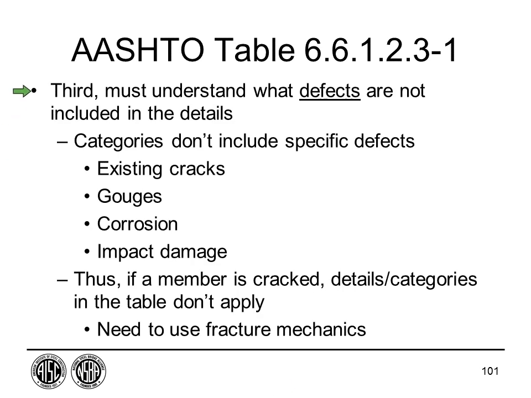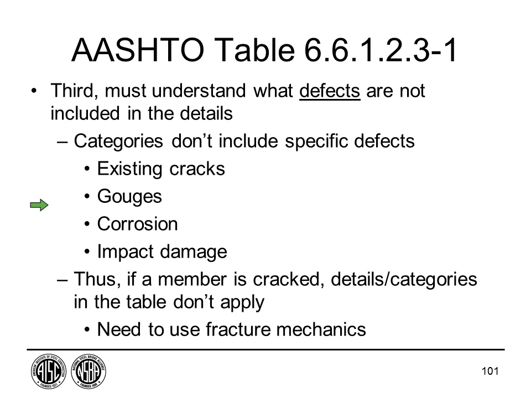The other thing is, always remember the defects that aren't included. If the girder is cracked already, you can't say, well, it's a worse detail. No, it's cracked. The fatigue categories don't apply. If it's got a lot of damage in it, maybe from an impact from a truck, if there's severe corrosion and whatnot, the categories don't account for them.